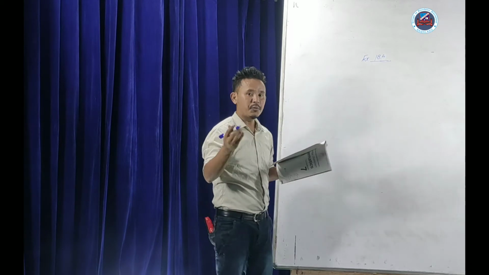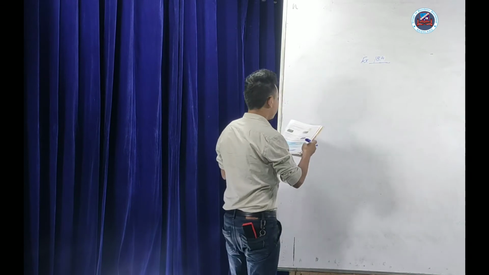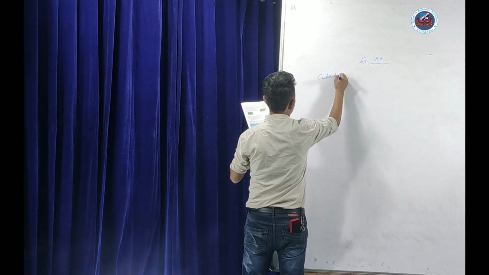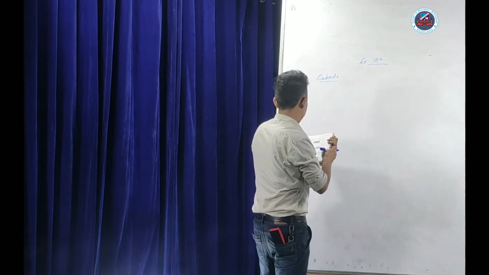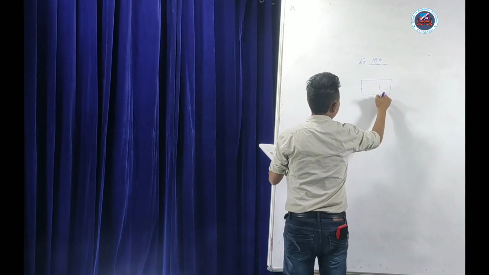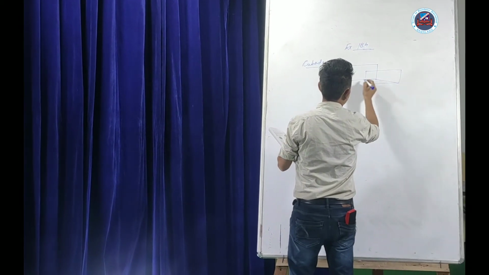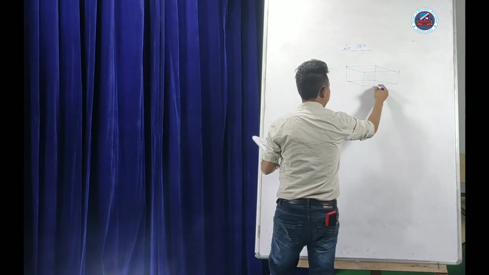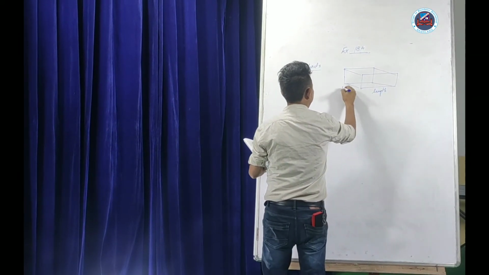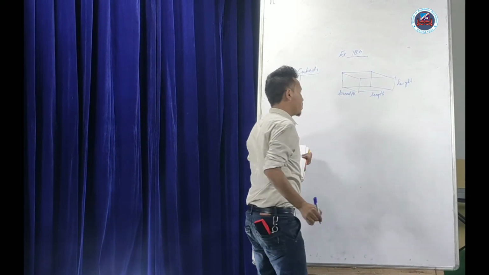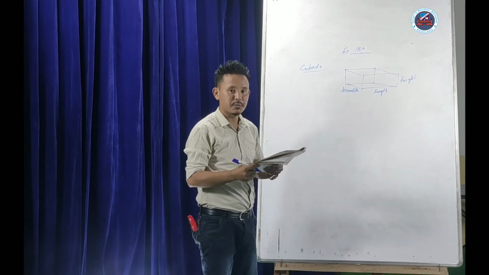Now, before we jump into the exercise, when we talk about cuboids, it's a shape which has a length, breadth, and height. So these are very simple questions we have, so we'll not waste much time.